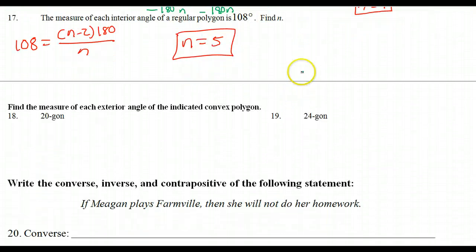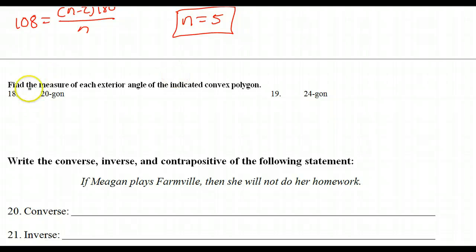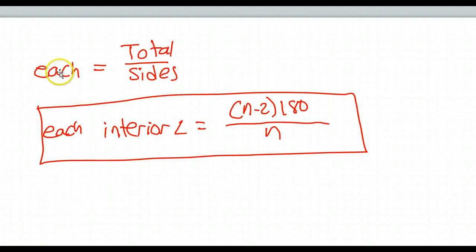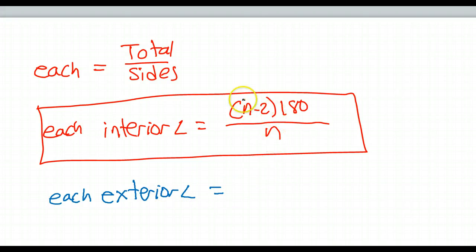Okay, moving on. Number 18. Find the measure of each exterior angle of the indicated polygon. We're talking about each exterior angle now, so we have to be a little bit careful. We know that each angle is the total divided by the number of sides. But when I'm talking about exterior angles, the total will not be found by any formula.